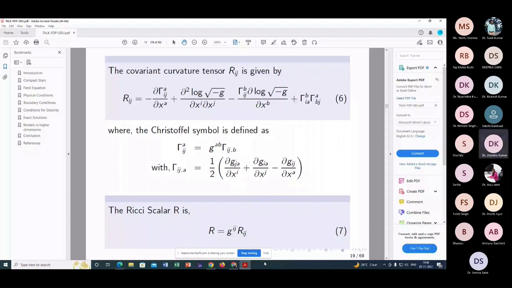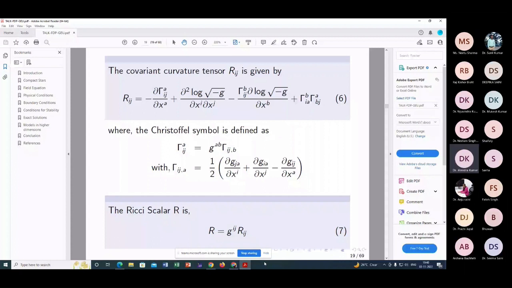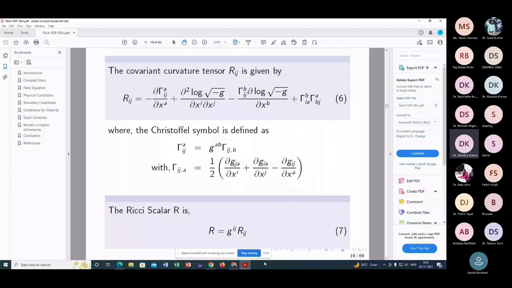In equation number 7, two indices are the same, so the order is reduced by 4. Ultimately we get a scalar, which we represent by R, known as the Ricci scalar.